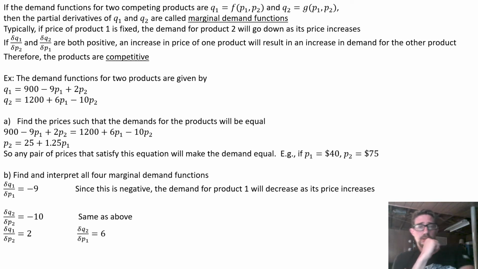So all you have to do is say, okay, that means as the price of product 2 goes up, so does the demand for product 1, right? You raise the price of one, more people are going to want the other one, because in these scenarios we're holding the other price fixed. So that's all that says. And obviously the same goes for product 2. If the price of product 1 goes up, so does the demand for product 2. Therefore, these products are competitive.